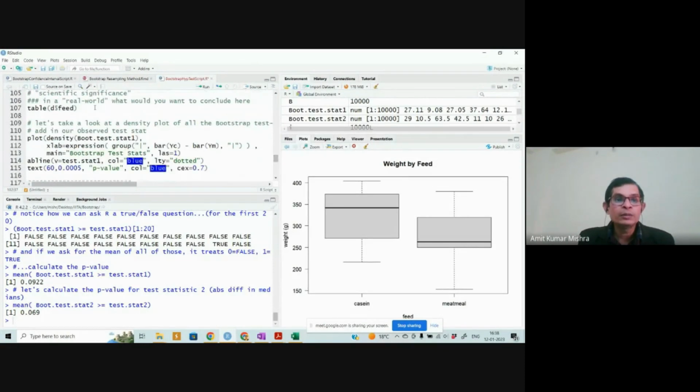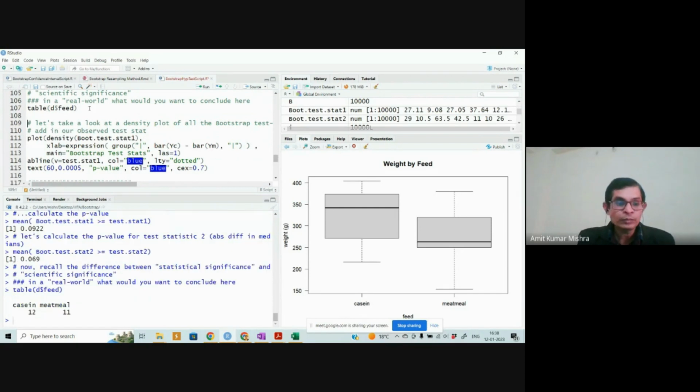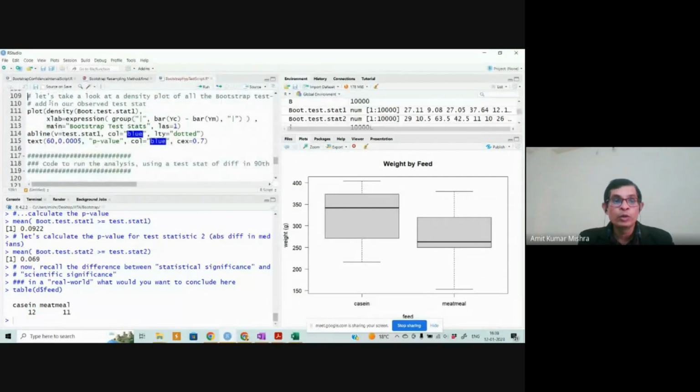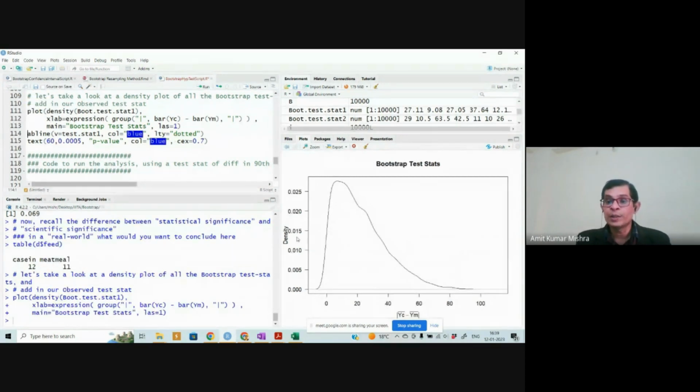So if I plot this, that means I'm going to plot the density of the first bootstrap statistic. After plotting the density, you will see that it is not normal. See the density. This is the density of the differences of two means.